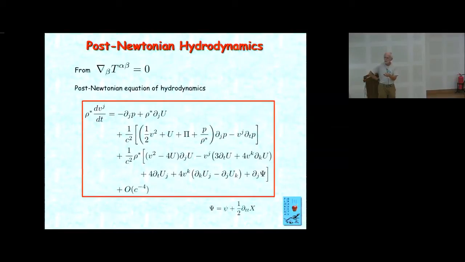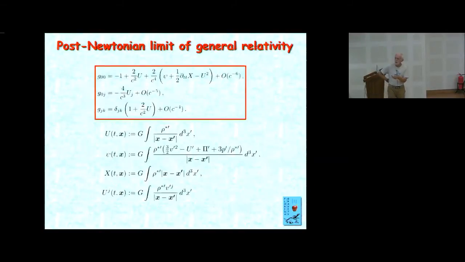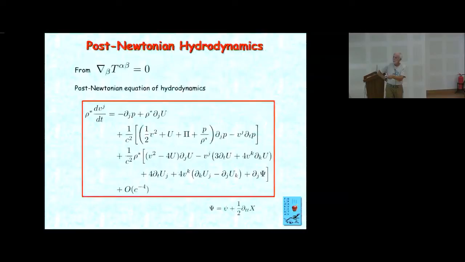Here's a term that looks like a v cross the curl of the vector potential, and then the gradient of that potential psi, which includes all of these other things. Oh, this is capital psi. It's that other psi plus, and I've just thrown the 2 time derivatives of the superpotential in there because it's simple. It's a gradient of them all, so lump them all together.